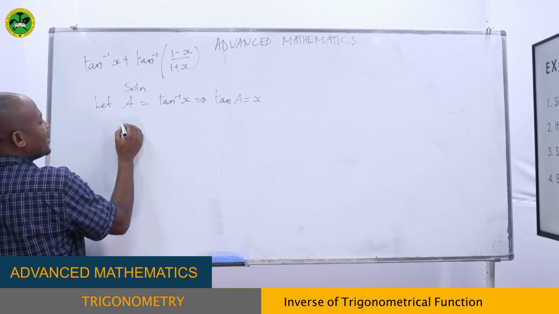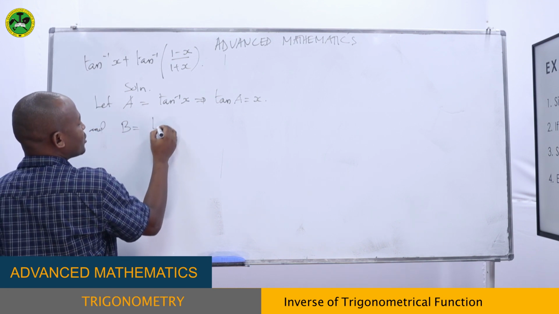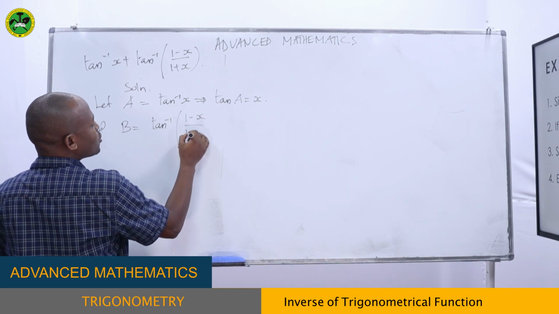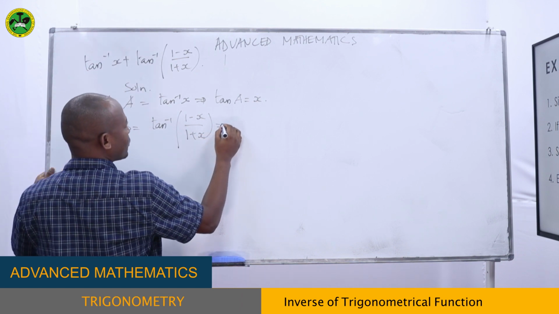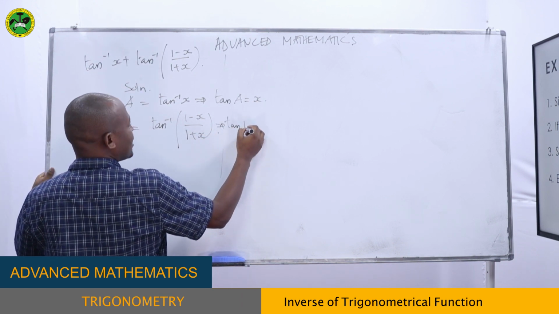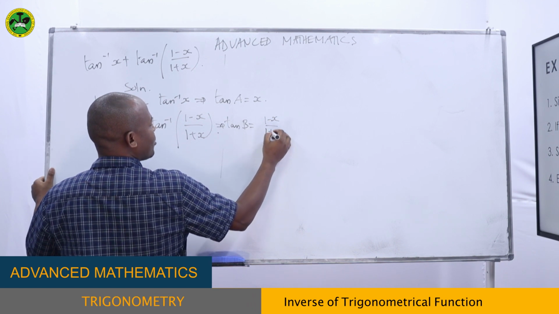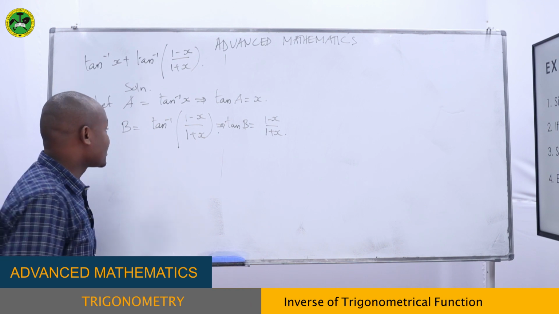And let B equal tan inverse of (1 minus x) over (1 plus x). That is to say, tan of B equals (1 minus x) over (1 plus x).